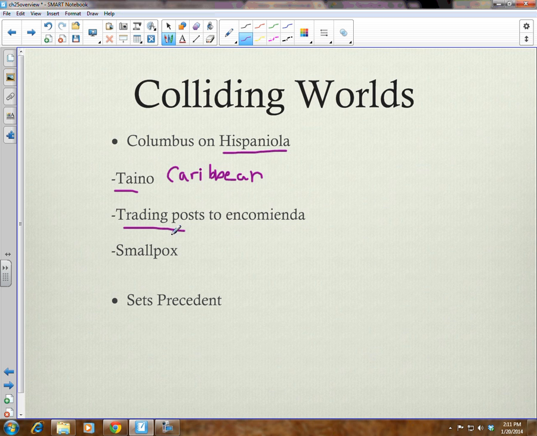The experience of the Taino, ranging from forced labor under the encomienda to death from smallpox, and we'll talk more about the encomienda in a little bit, set a precedent for other societies in America, and this would happen over and over.